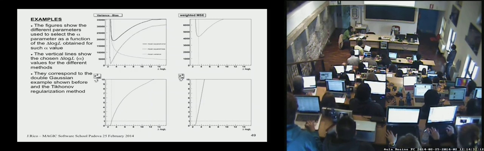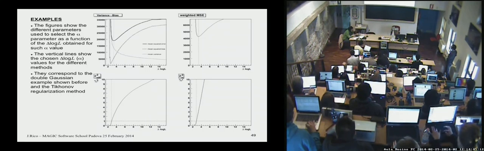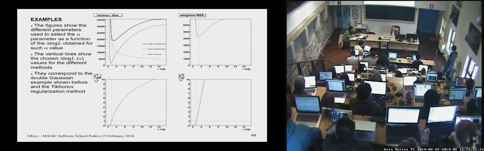The figure shows the different parameters used to select alpha. This is as a function of delta log L, and delta log L is related to alpha. So for a given alpha, you have delta log L and vice versa, but it's more convenient to represent it this way because the plots are somehow more compressed. But it's the same, you could compute it as a function of alpha.